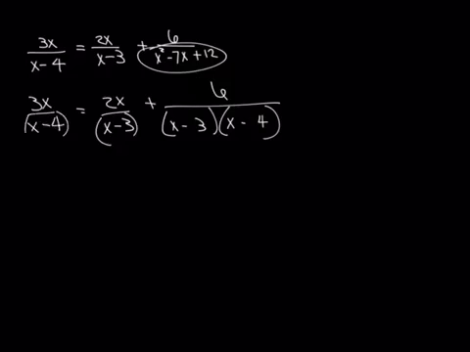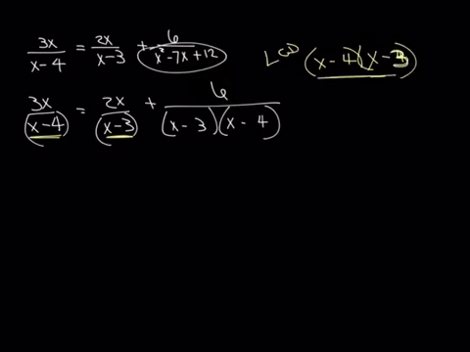Now, common denominator. Alright, so remember what we do. We just look at all the ones that are different and combine them. So those are the only ones that are different. So this combined, just like that, is the LCD. So that's what we're going to multiply each of these terms by. So let's go ahead and just write that.